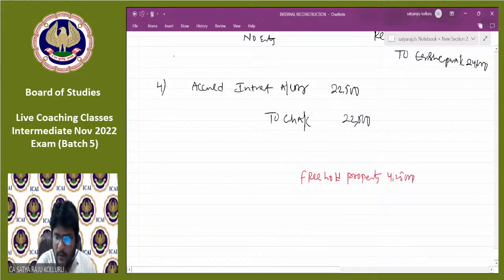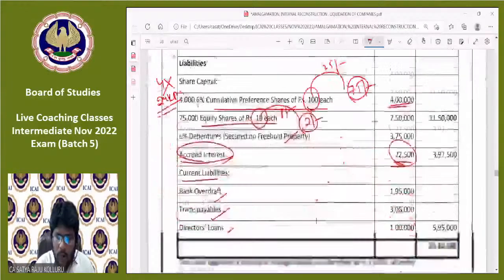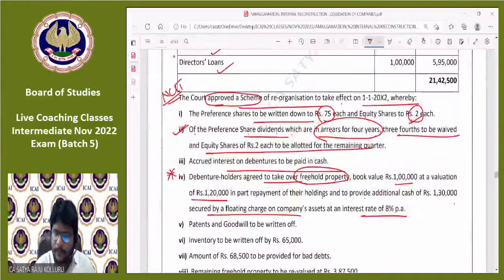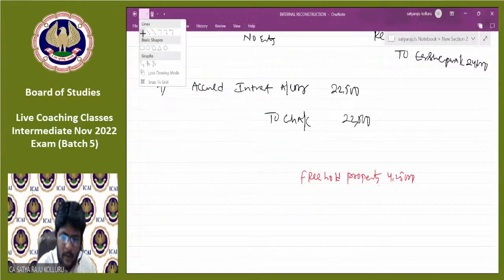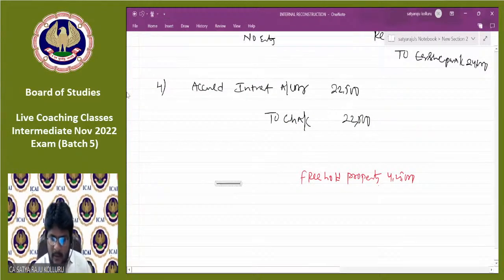Fine. Now out of this 4,25,000, book value of 1 lakh. He's talking about book value of 1 lakh. What happens to the book value of 1 lakh?